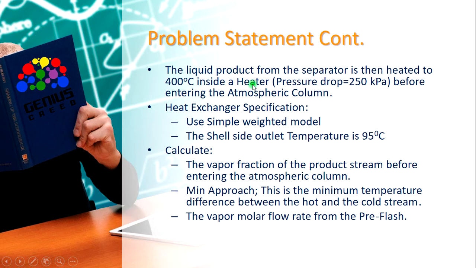Now the liquid product from the separator is then heated to this temperature, and this is the pressure drop before entering the atmospheric column. Now the heat exchanger specification use a weighted model. The shell side outlet temperature is 95 degrees Celsius. Now calculate these.